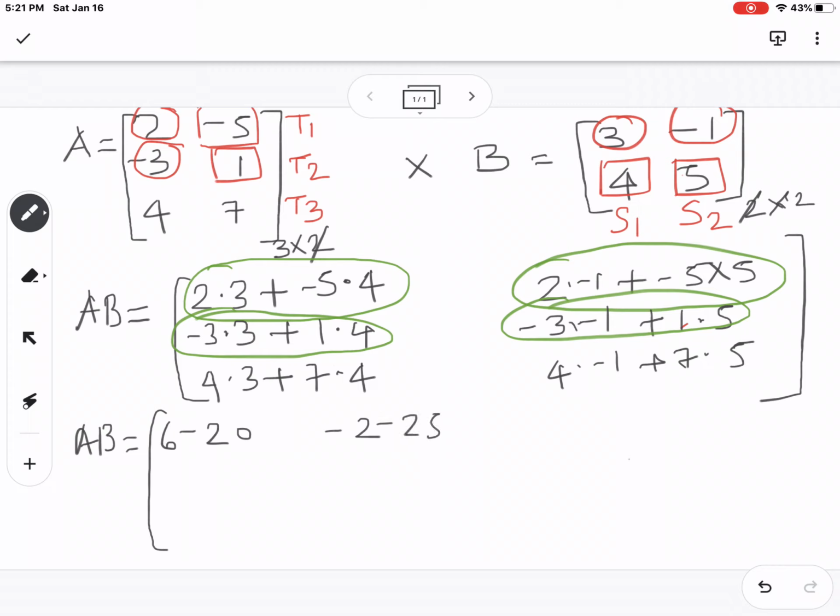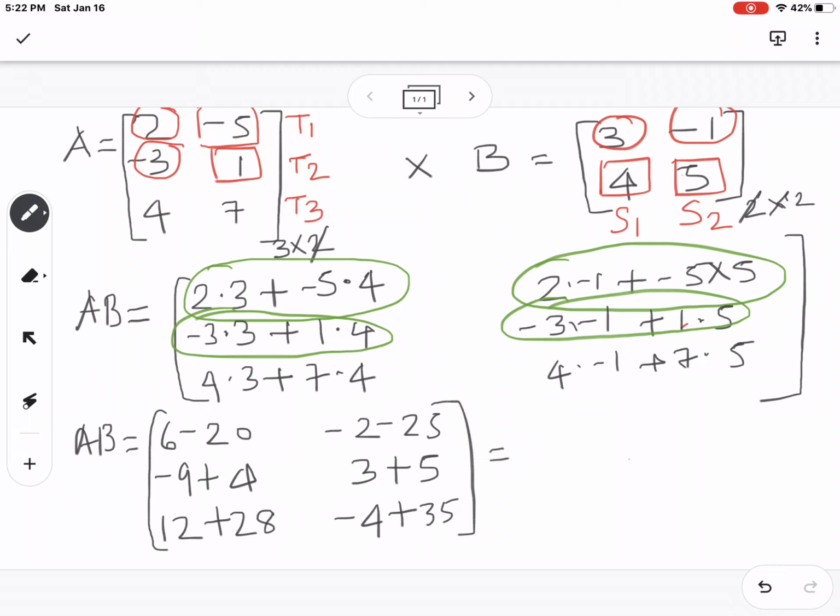Minus 3 into 3 is minus 9, plus 4. Minus 3 into minus 1 is 3, plus 1 into 5 is 5. 4 into 3 is 12, plus 28. Then you have minus 4 plus 35.